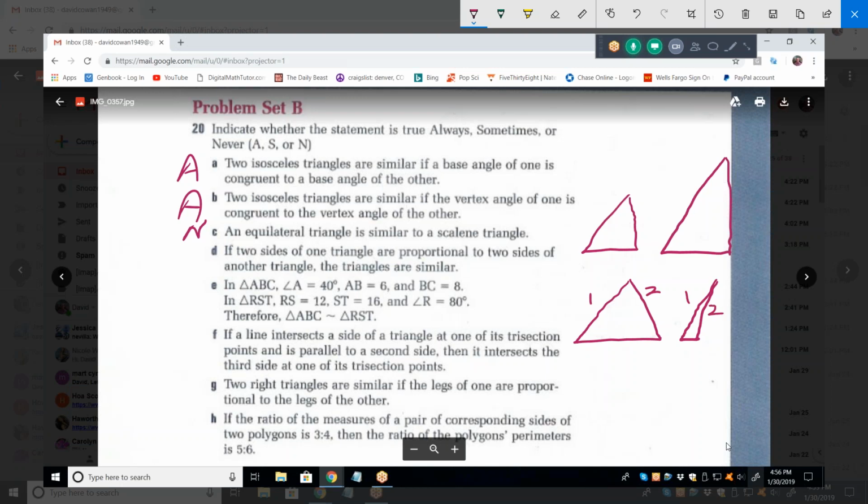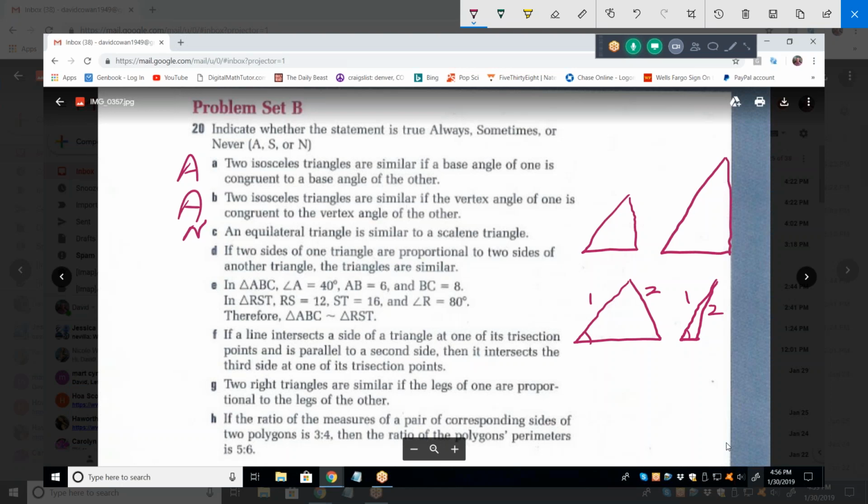And yet those triangles are neither congruent nor are they similar. That is also why side-side-angle does not prove congruency. Notice that that angle is the same as that angle. So I definitely have side-side-angle, and yet I do not have either congruent triangles or similar triangles.